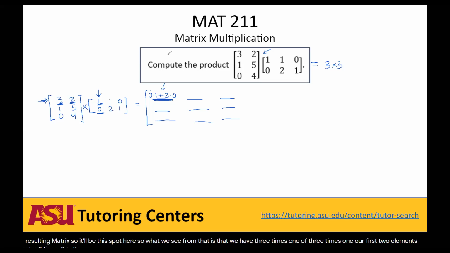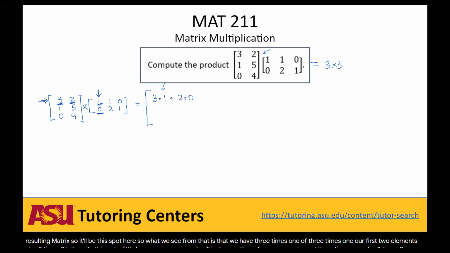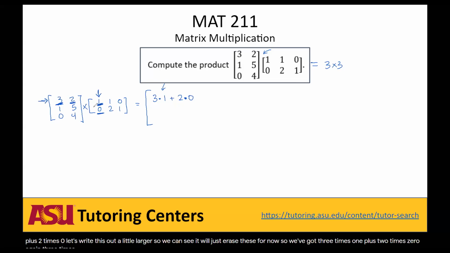Let's write this out a little larger so we can see it. We'll just erase these for now. So we've got 3 times 1 plus 2 times 0. Again, 3 times 1 and 2 times 0.